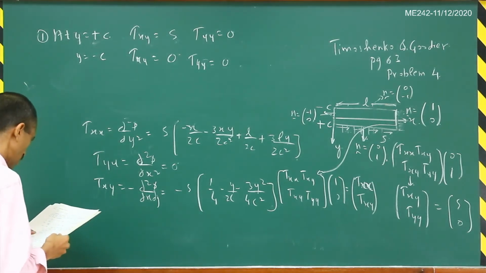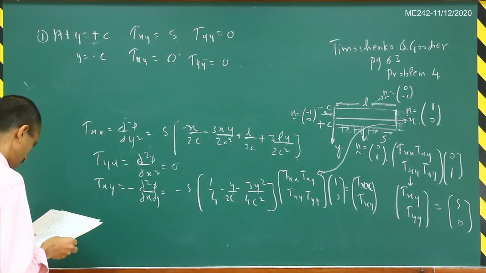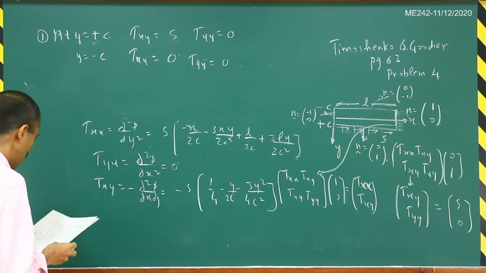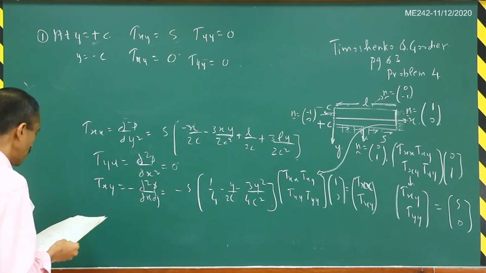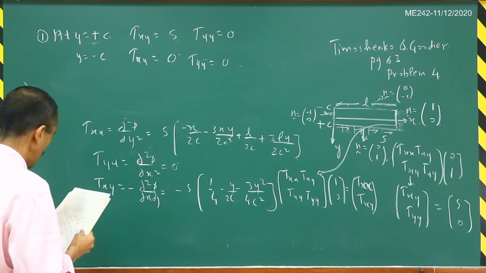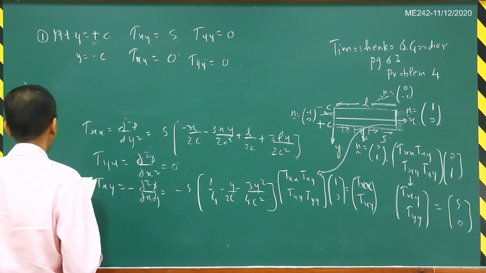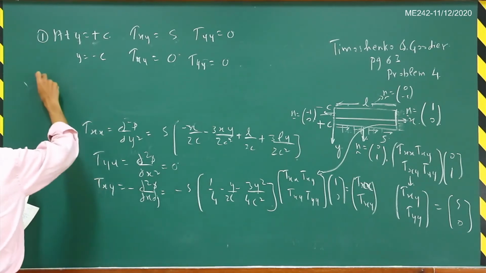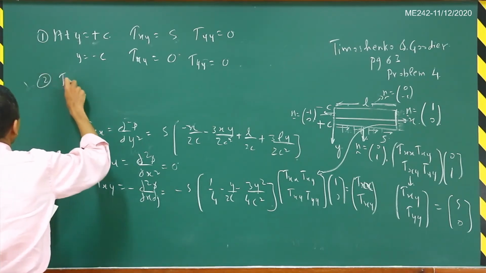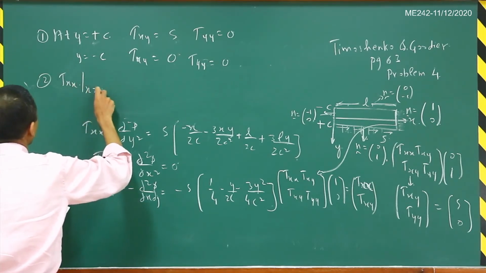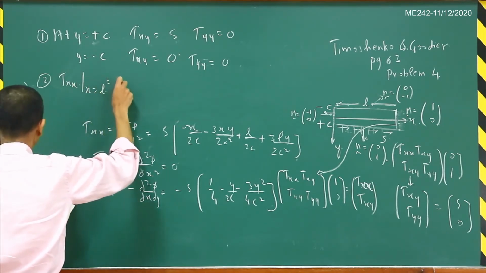Okay, then let us see. But now, as I said, there was one shortcoming. So let us try to see what that shortcoming is. The second thing: tau xx at x equal to L is equal to 0.